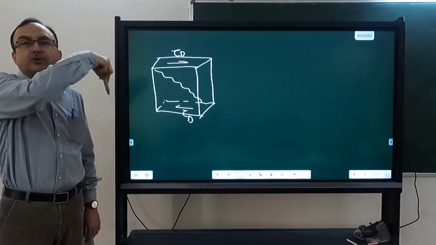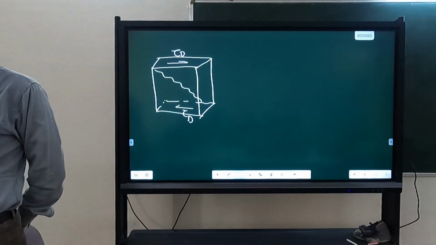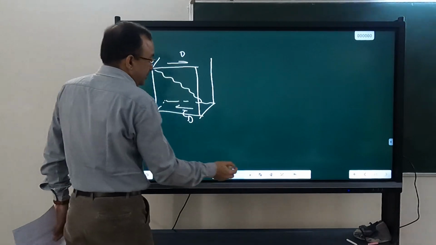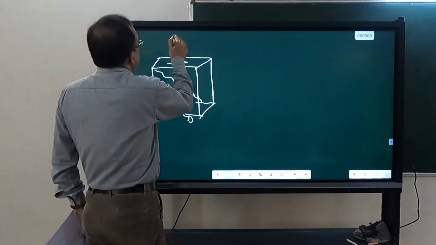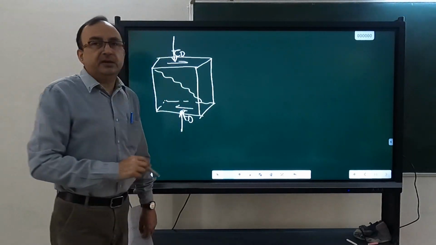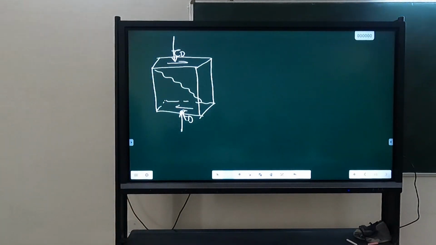Unless I apply a vertical load also. And if I apply a vertical load also here, then from here also I will get a vertical load. So failure is occurring along the diagonal, but that doesn't mean that we are measuring the force along the diagonal. The force is measured along the horizontal cross section only, in both cases, whether it is sliding shear or diagonal shear.